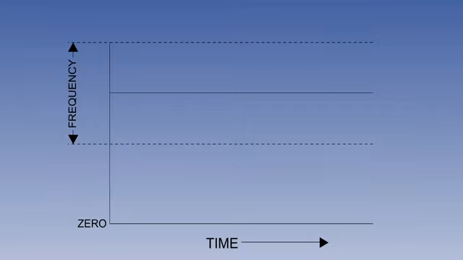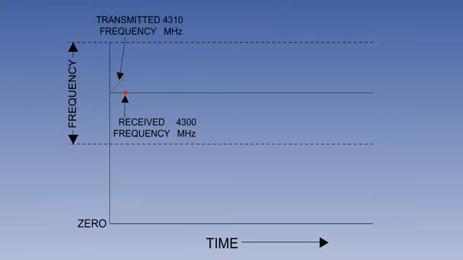Let's assume that, on our graph, it's passing 4,300 MHz on an upward slope. The radio wave travels down to the ground and returns sometime later as a received signal, still at 4,300. By this time, the transmitted frequency is higher. Let's say, just by way of an example, that it's now at 4,310 MHz.